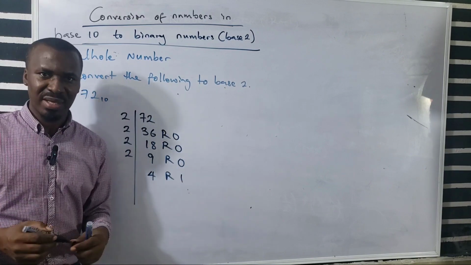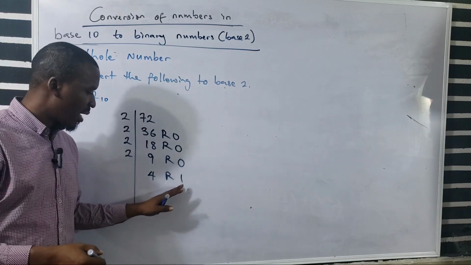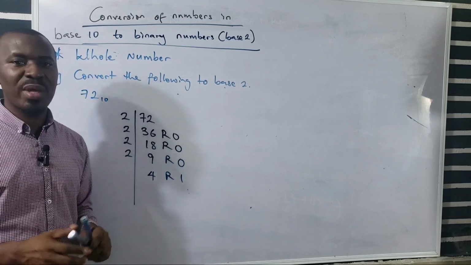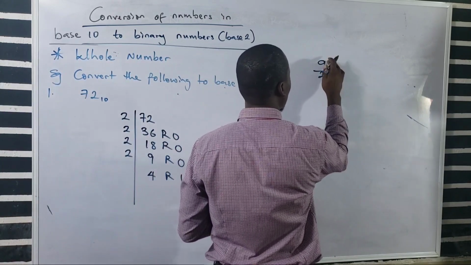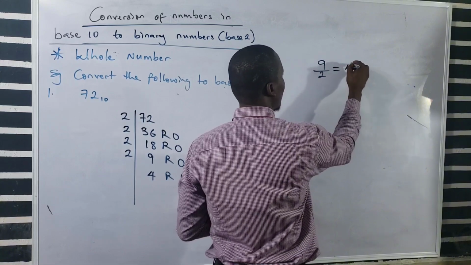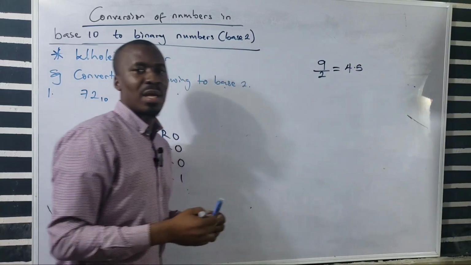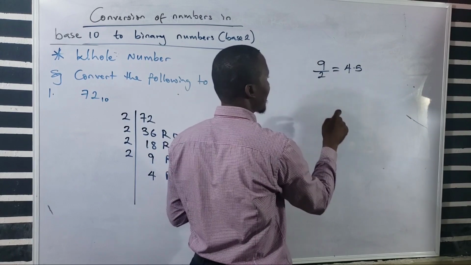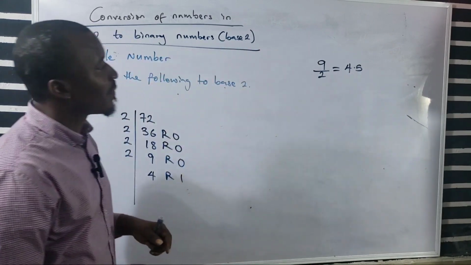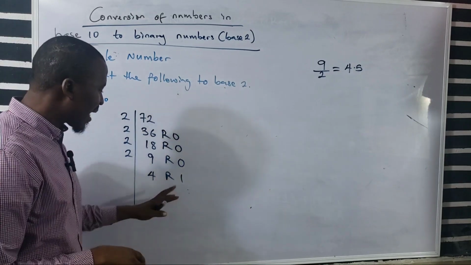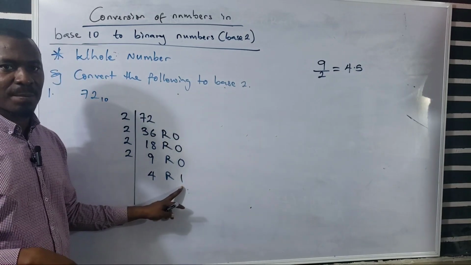I want to say something here. Some students, when they divide, for example, using 2 to divide 9, get 4.5. Yes, it's going to give you 4.5, but that is not what we are using here.